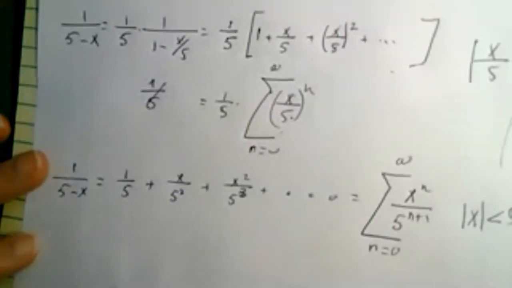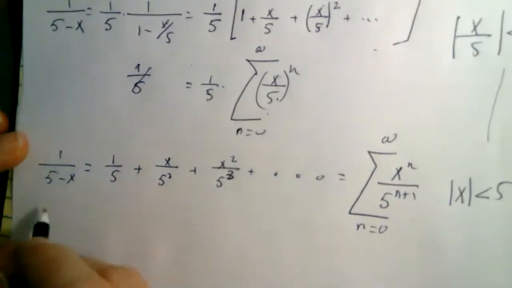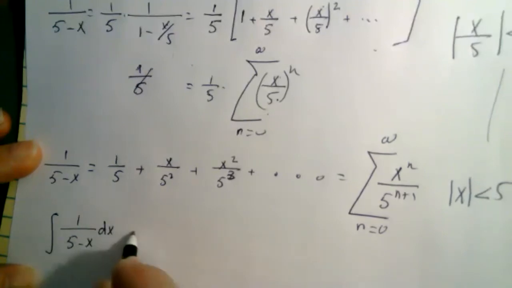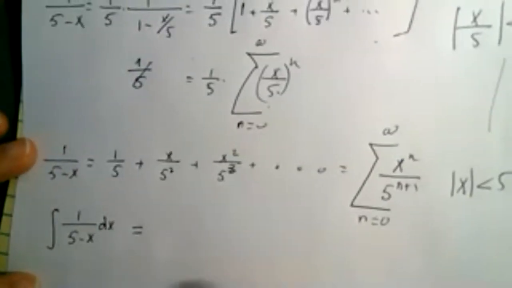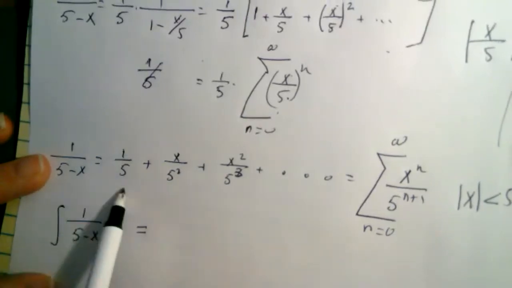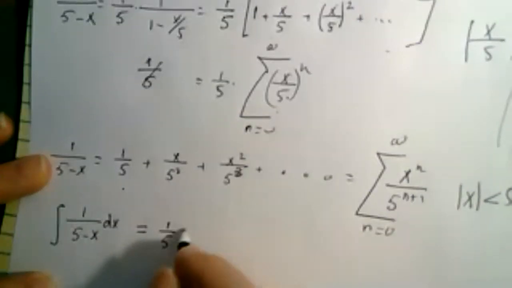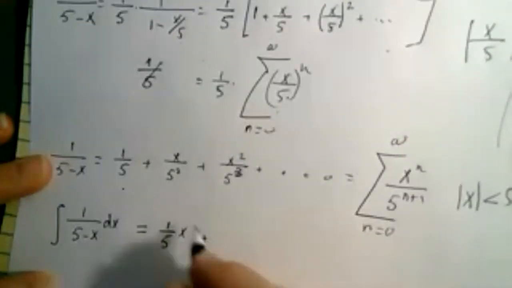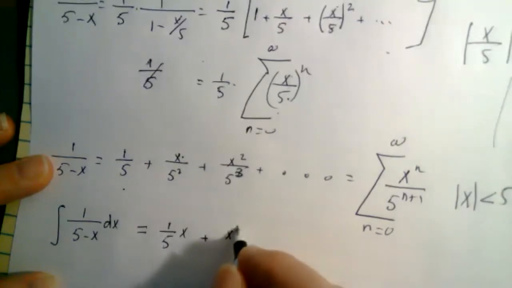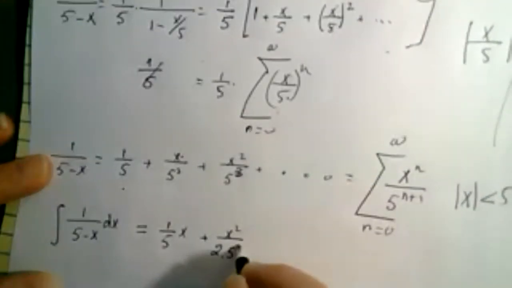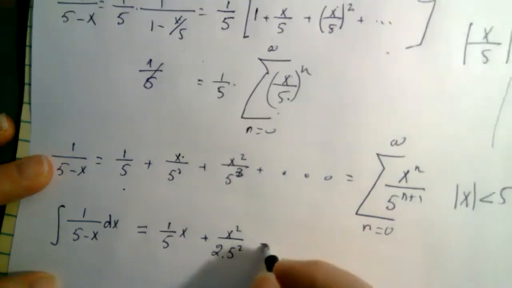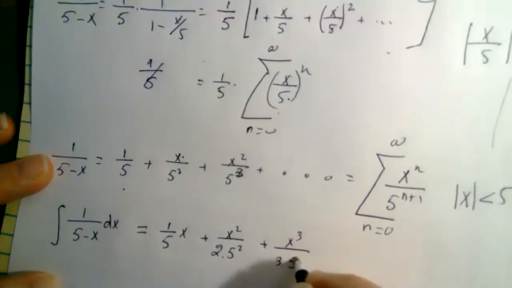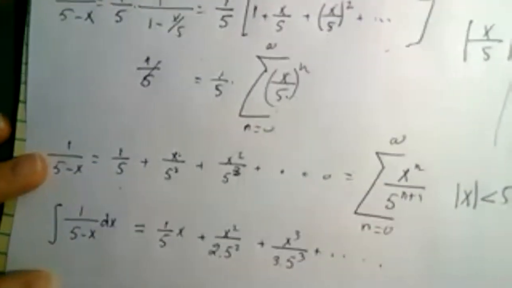Now I'm going to find the antiderivative from both sides and pull out my log. So the antiderivative is equal to the antiderivative of every single term. The antiderivative of the first is x over 5, the antiderivative of the second is x squared over 2 times 5 squared, plus x cubed over 3 times 5 to the power 3, and so on.